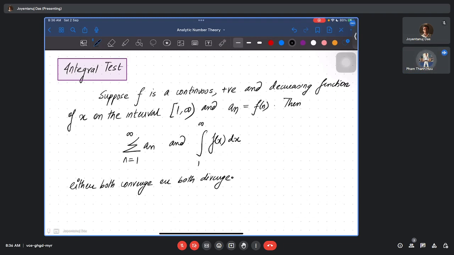The function is defined on this interval, 1 to infinity.